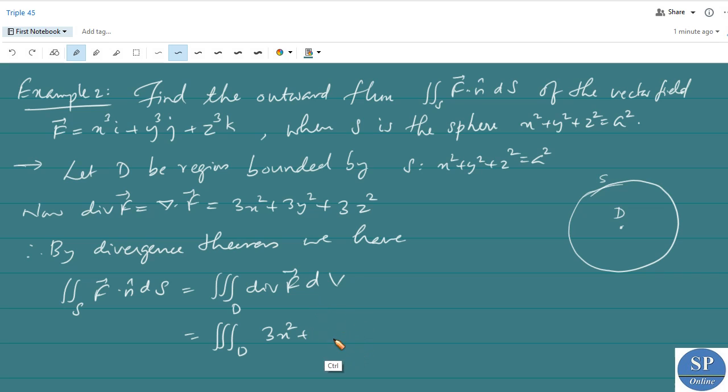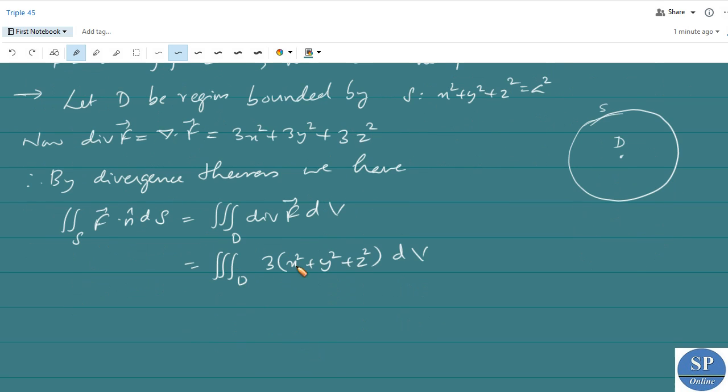We can take 3 outside, so 3 into x square plus y square plus z square into dv. To find this triple integral, it's better to convert this from Cartesian coordinates into spherical coordinates.